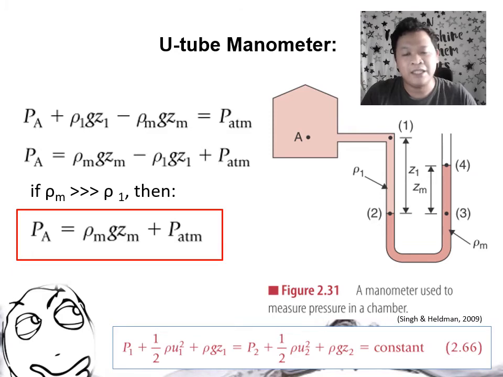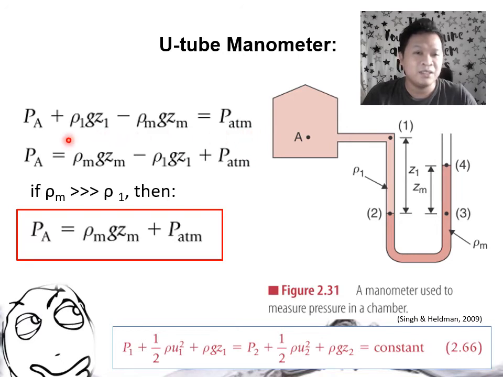So kung makikita natin, meron tayong apat na points dito labeled conveniently 1, 2, 3, and 4. Okay? So using the Bernoulli equation, we assume, for example, na because the density of mercury is much greater than the density of water or other fluid, then nagiging negligible yung terms na may kinalaman sa fluid density, thus making our Bernoulli equation calculation easier.